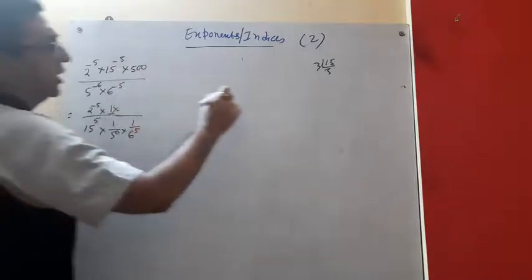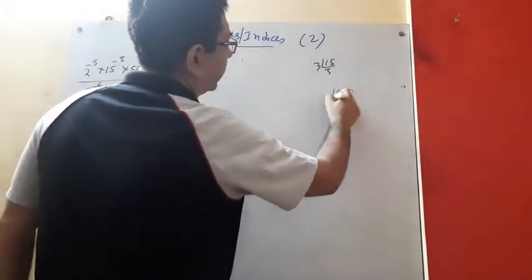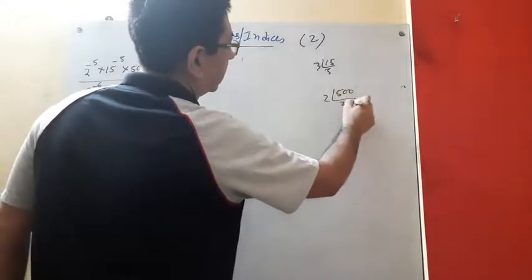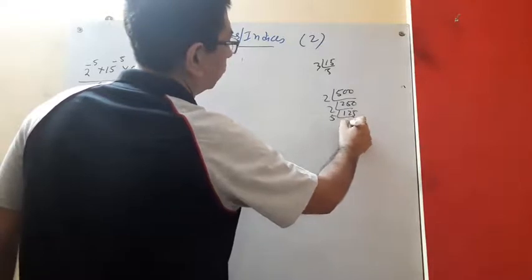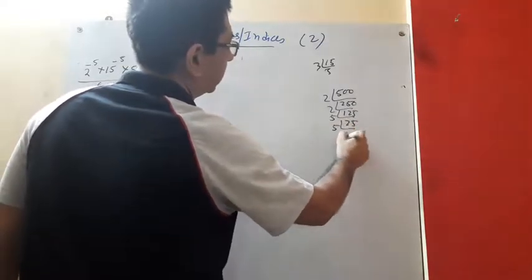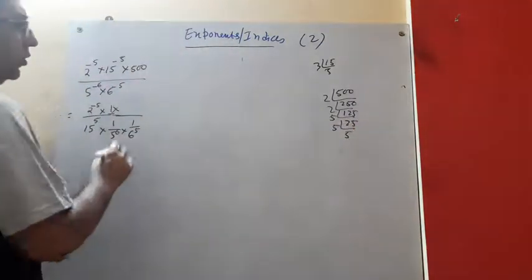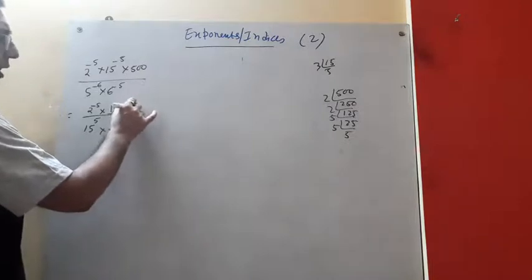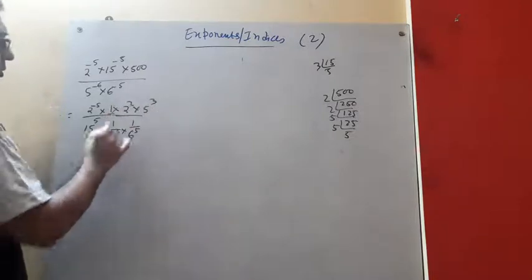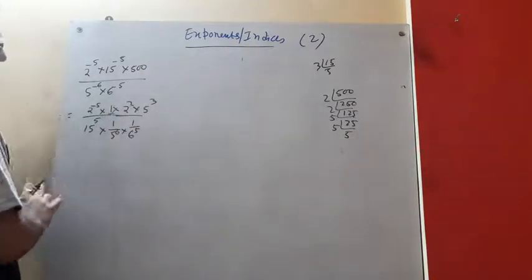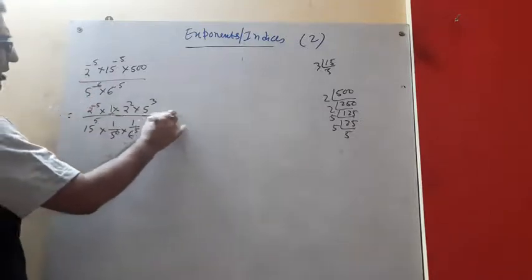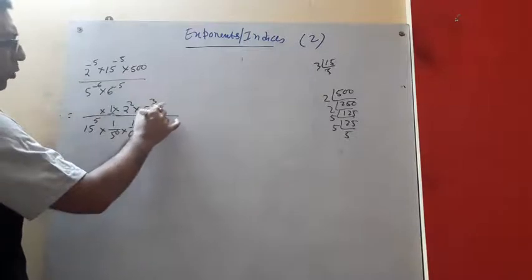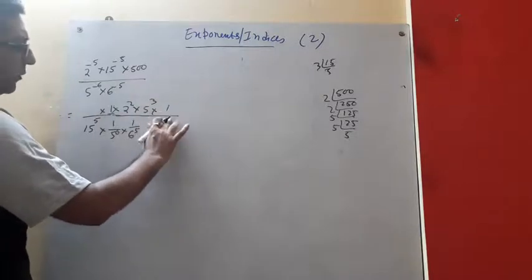And this is 500. 500 means 2 square into 5 cube. Look, this thing is positive. 2 to the power minus 5 can be written as 1 by 2 to the power 5, right?